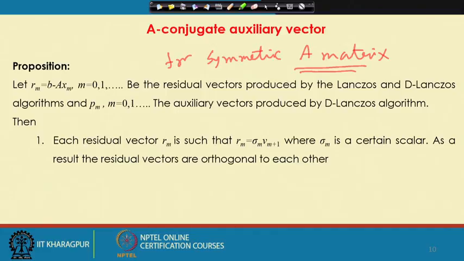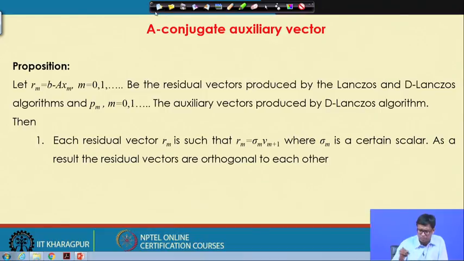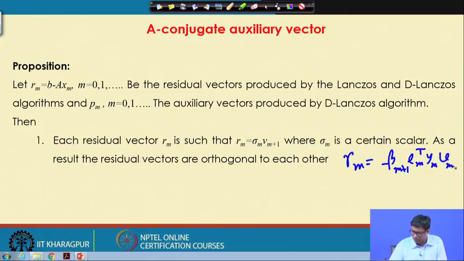Exactly this we have discussed in the last session, that Rm gets the form, let me write it down for you: Rm is equal to minus beta m plus 1 e_m transpose Ym Vm plus 1, this form.